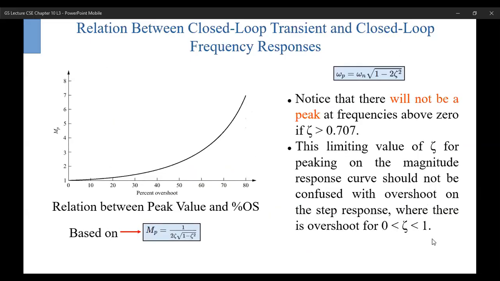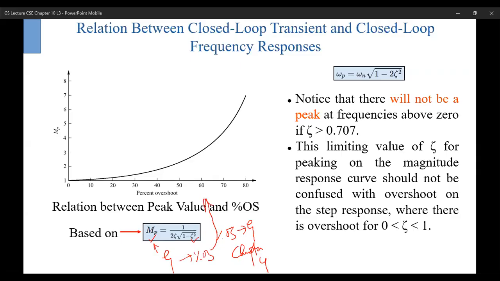From this equation, what we know is that the peak value is a function of zeta, and we also know from chapter 4 that the percentage overshoot is also a function of zeta. So from these two, if we can figure out, for the same value of zeta, the value of Mp and the value of percentage overshoot, and then plot, we are going to get a curve like this.